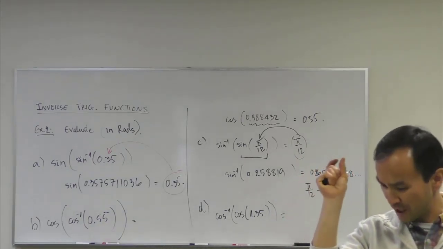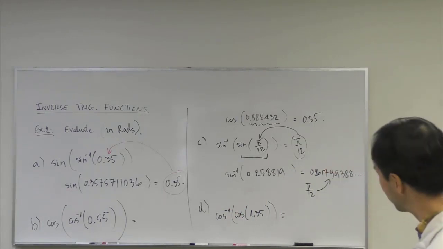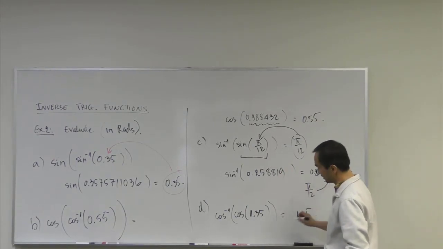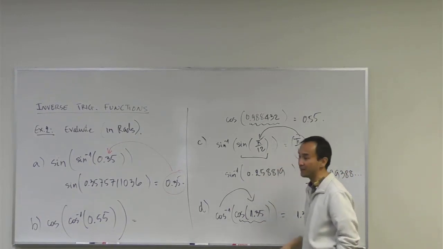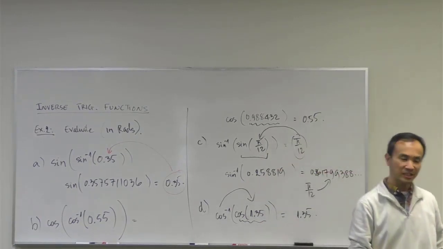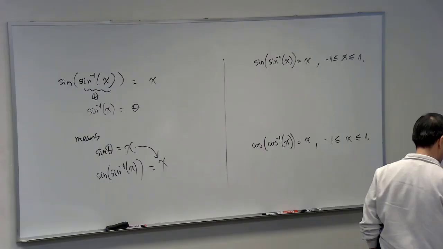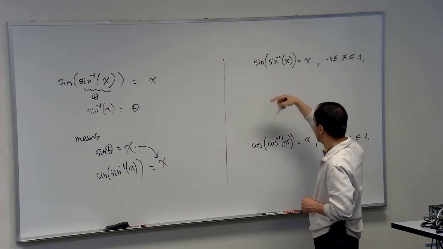Remember, we go from the inside out. We get cosine of 1.35 first, and then we apply cosine inverse on top of that. So the process we recognize here goes the opposite way from the one we did in problem C throughout that example.